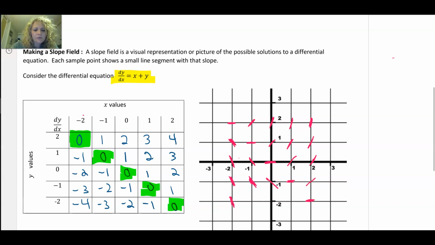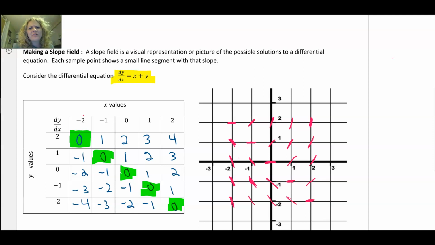And then that last row, -4, -3, -2, -1, 0. All right, so that is how we can sketch a slope field.